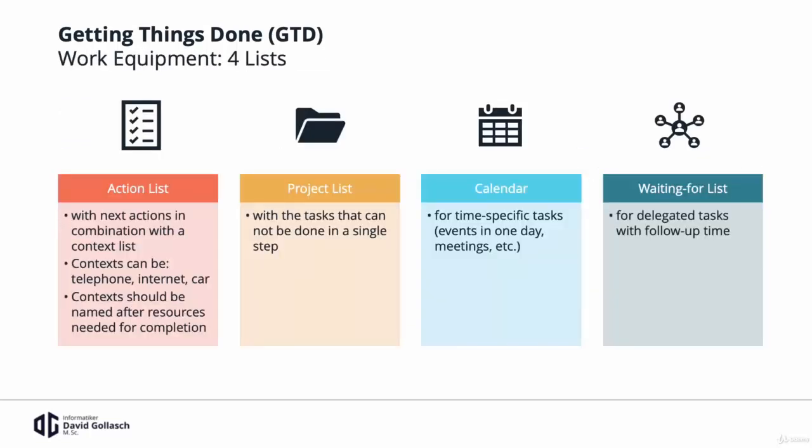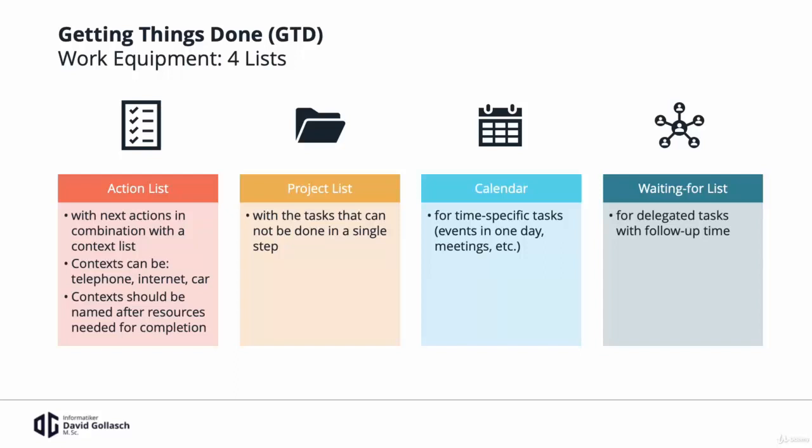Before taking a look at the actual process parts, the phases, we need to know what our equipment is. Well, basically, Getting Things Done is based on 4 lists or 4 places where you can put all your tasks and all your information in.